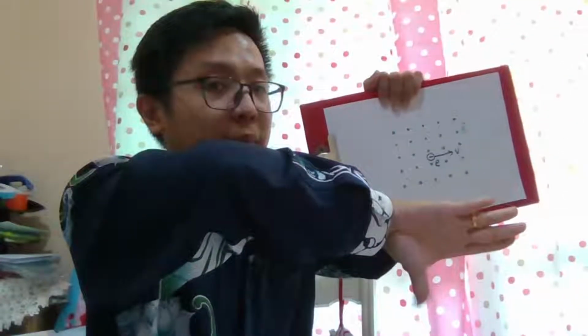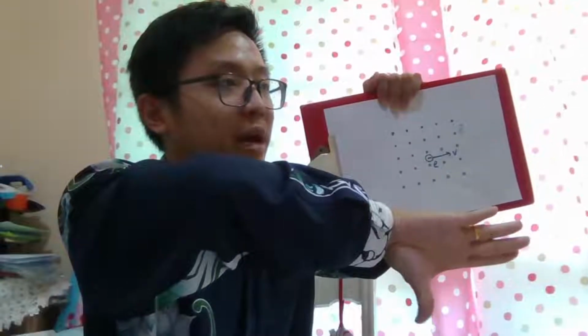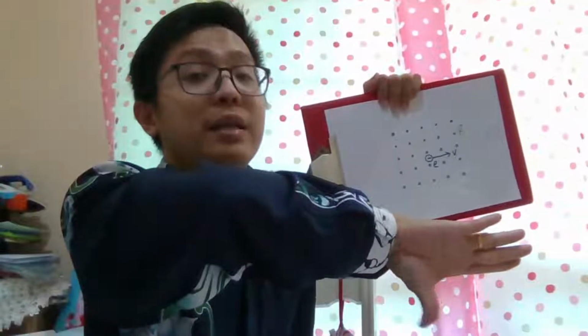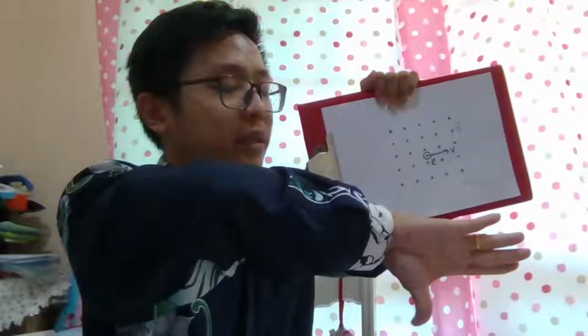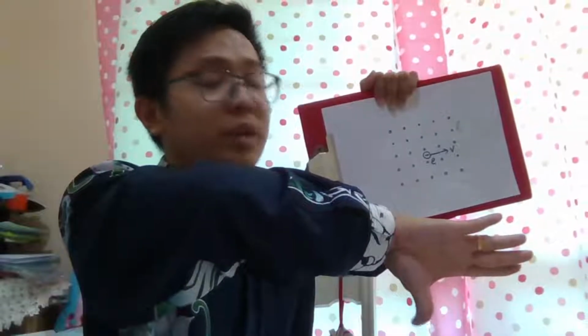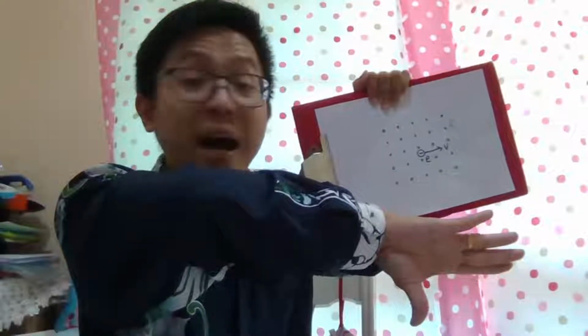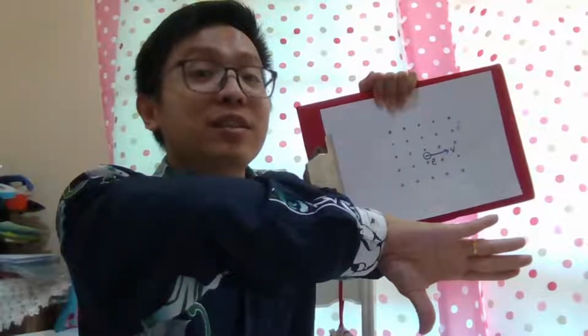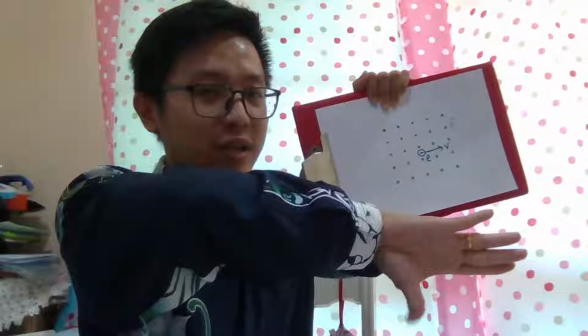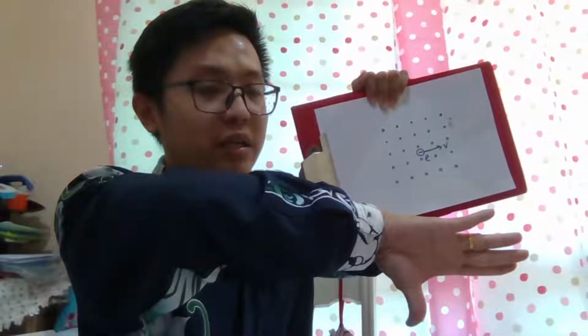So look at my thumb. My thumb represents the magnetic force. Where is my thumb? It is going down, isn't it? But this is an electron charge, so the magnetic force should be opposite the thumb.